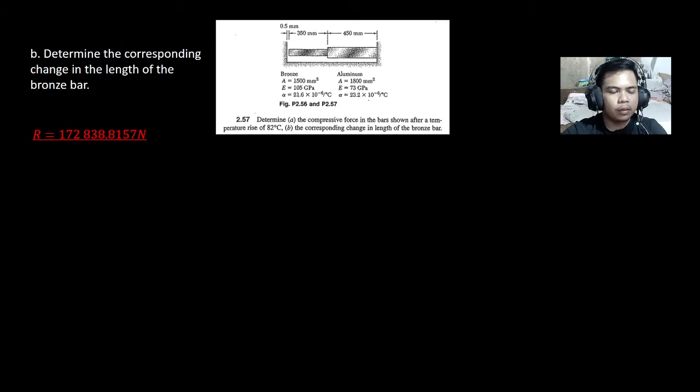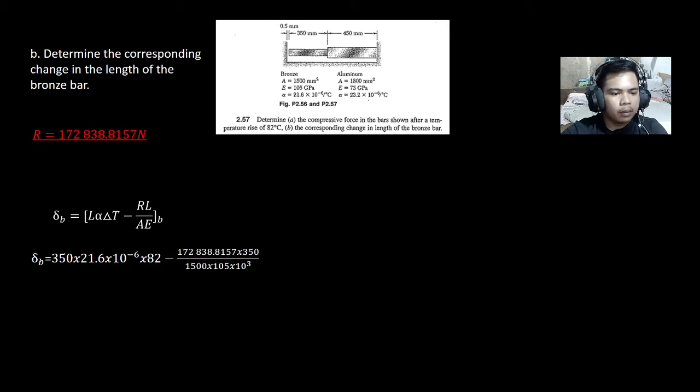B. Determine the corresponding change in the length of the bronze bar. We know that R is equals to 172,838.8157 Newton, as we solved earlier. So the formula for the corresponding change is delta B for the bronze is equals to length times alpha times delta T minus R times L over A times E, and input the given.